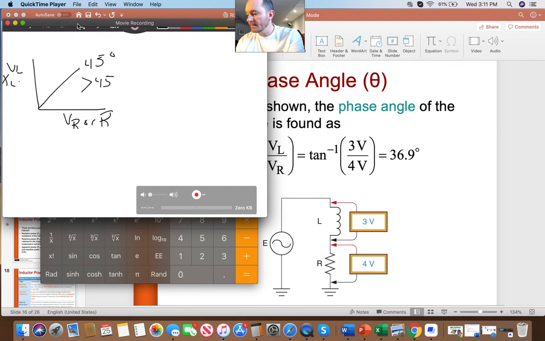If my X of L is larger than my R, I will be greater than 45 degrees. Remember, the alligator eats the bigger number.